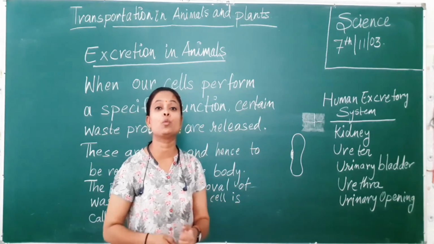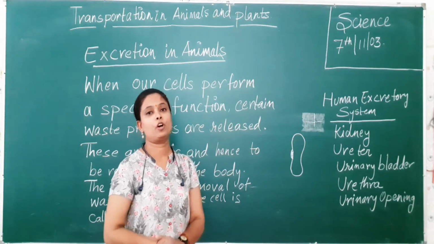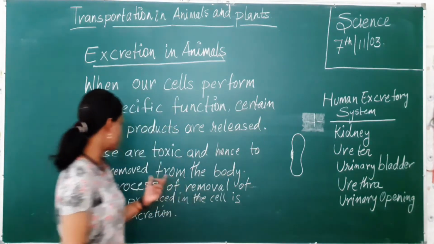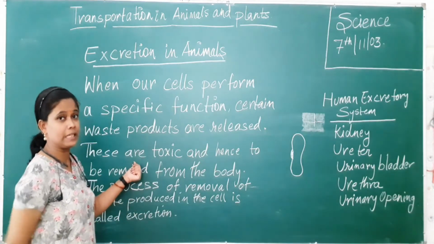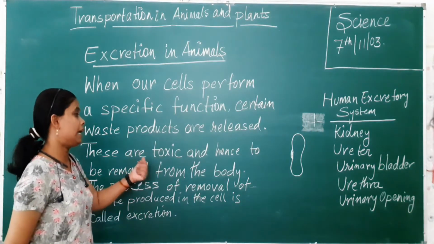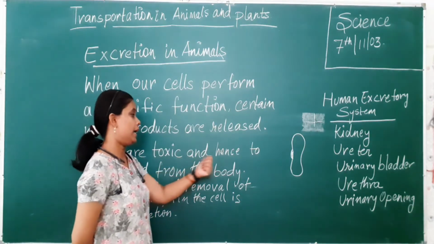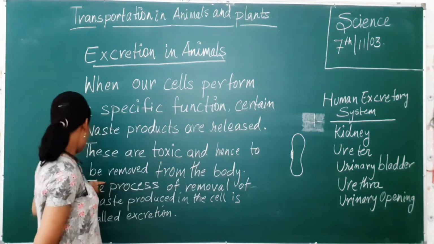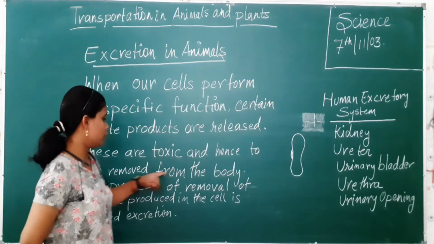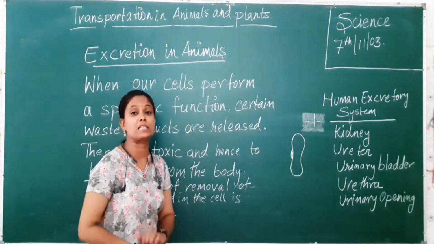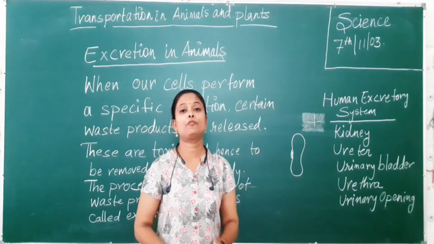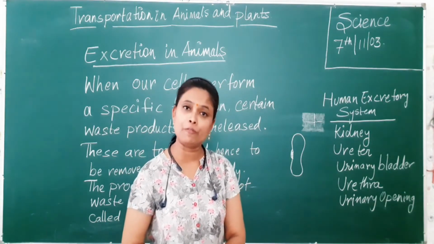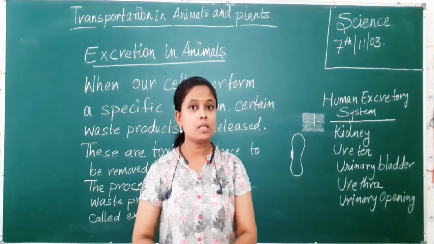Now they have to be removed from our body. What are these waste products? They are toxic and acidic in nature, so they have to be removed from our body.